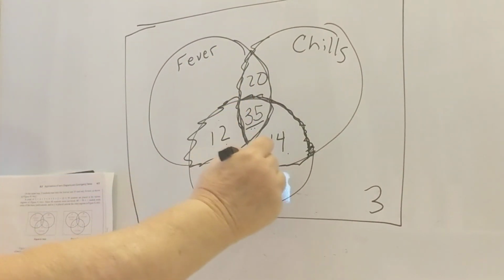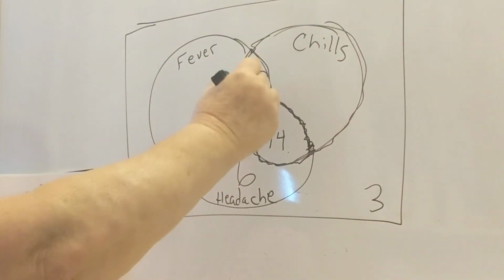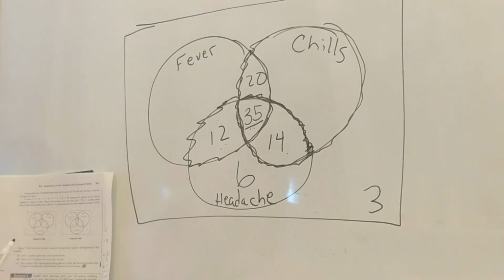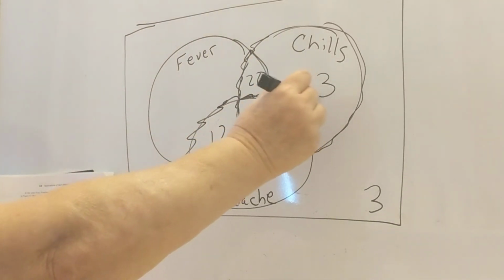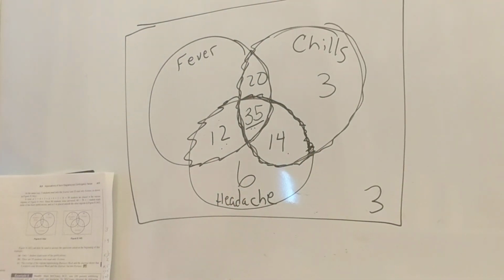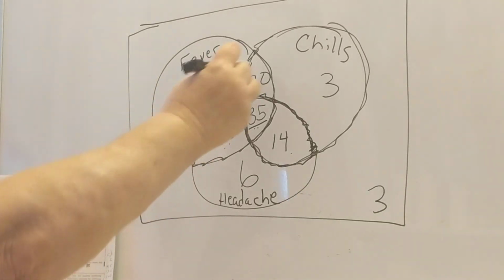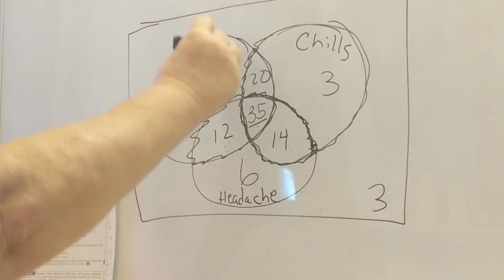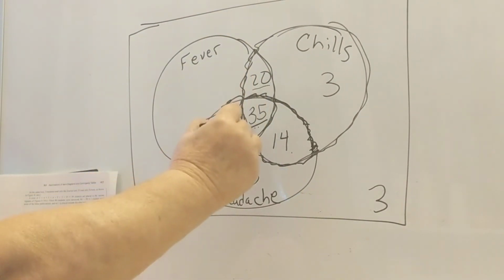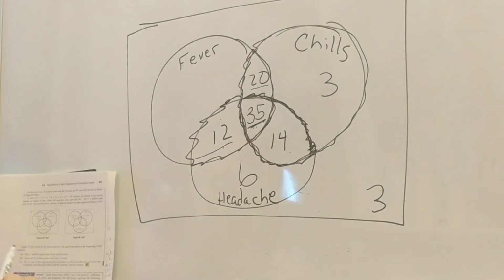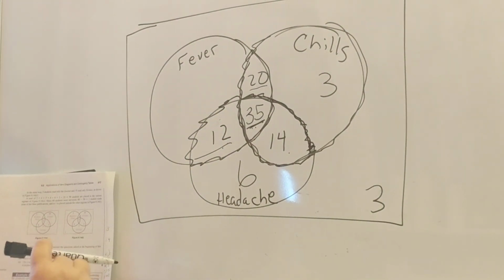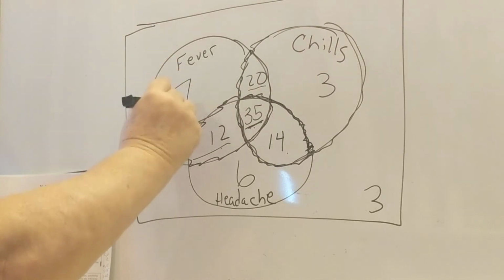Here's this chills circle. If I add up 20, 35, and 14, let's say that's 55, 65, 69. So we'll need 3 more to make 72. And 74 said fever, and that's this big circle here. So I'll add 20 and 35 and 12. That's 55, 65, 67. We need 7 more.